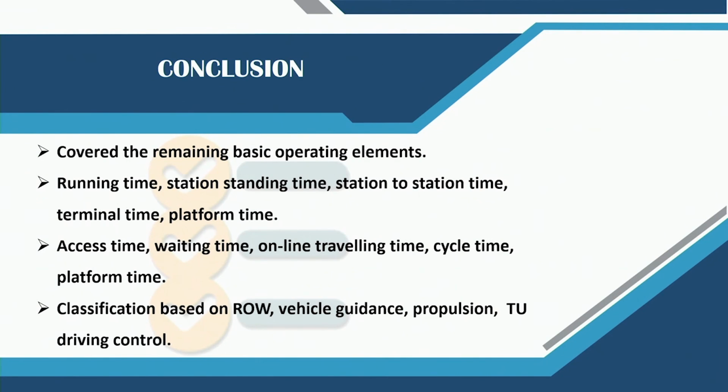So, I hope you have now got your basic foundations of public transportation, and from the next class onwards we look forward to giving you some examples, solving some examples based on all these terminologies, so that you understand how a basic transportation system works. Thank you.